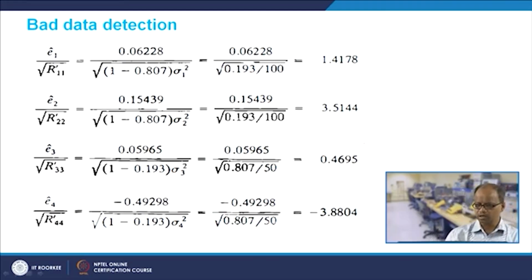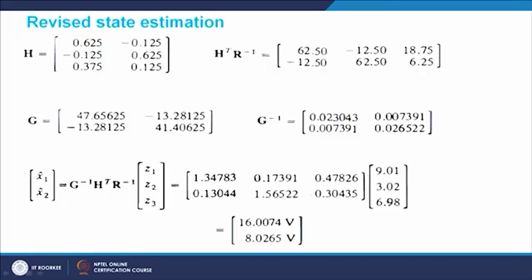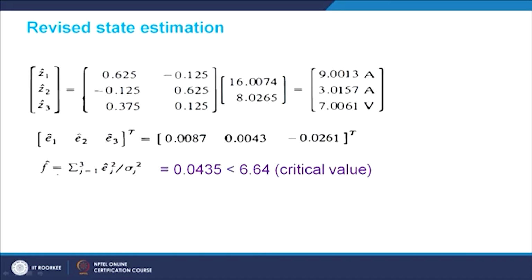Once we discard it, we have 3 measurements with us, so the H matrix is only 3. After that we again do all these calculations. Once we do the x1 hat, x2 hat calculation, we calculate E1 hat, E2 hat, E3 hat, and then we again calculate f hat, which is 0.0435.